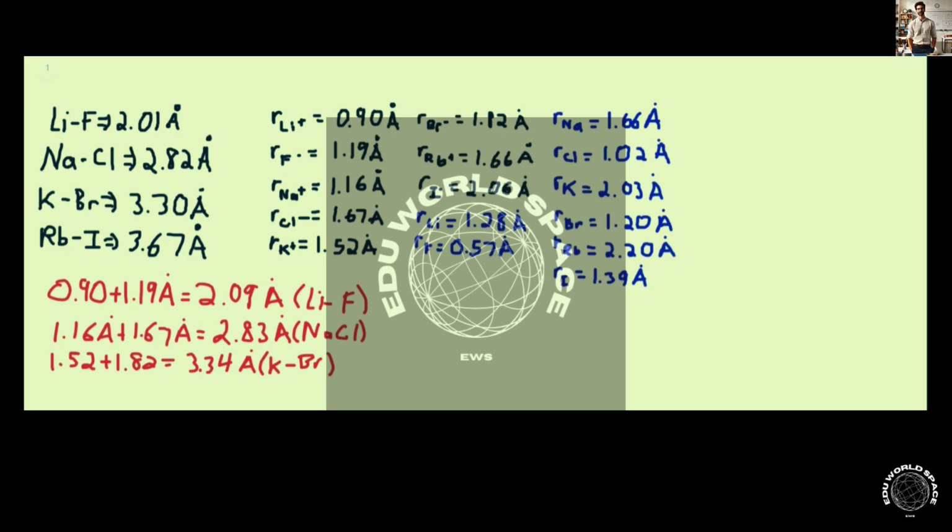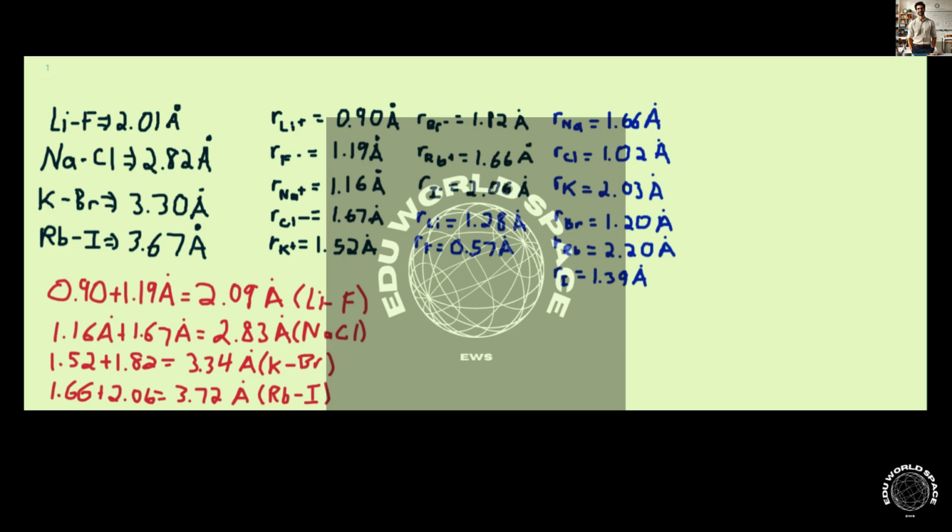Now for rubidium, it's going to be 1.66 angstroms plus 2.06, which is going to equal 3.72 angstroms for rubidium iodide. These are the theoretical cation-anion distances using the ionic radii given.